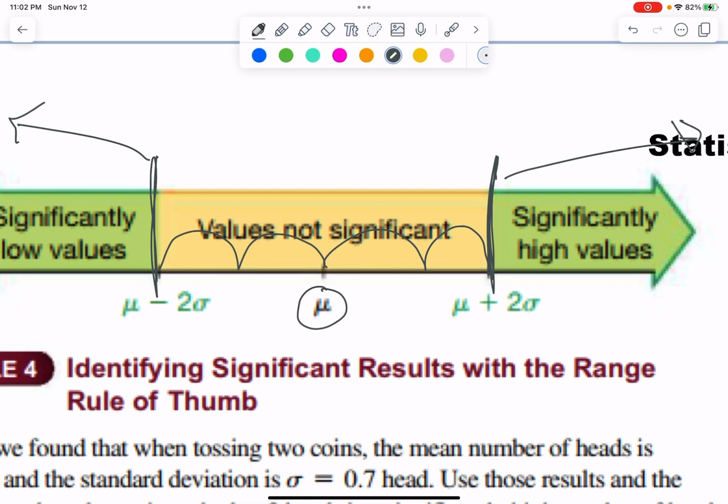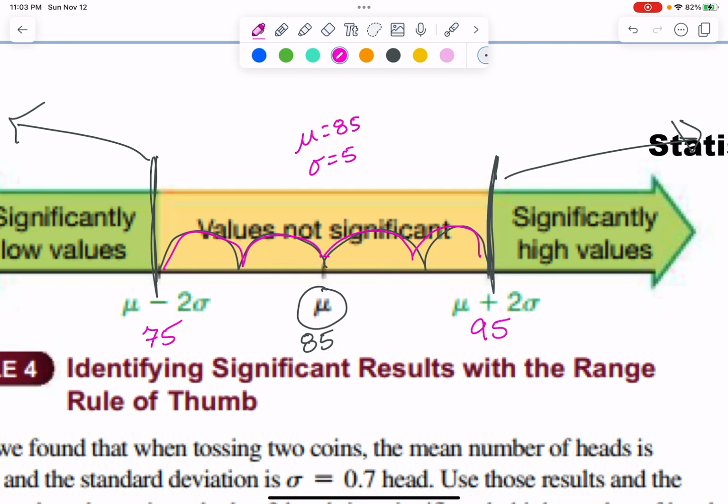So if my average is an 85 on a test and the standard deviation is 5, so mu is 85, the standard deviation is 5. That means significantly high values would be a 95 because I've added it twice. Significantly low values would be anything that scored less than a 75. Okay, so that's kind of how that breaks down.